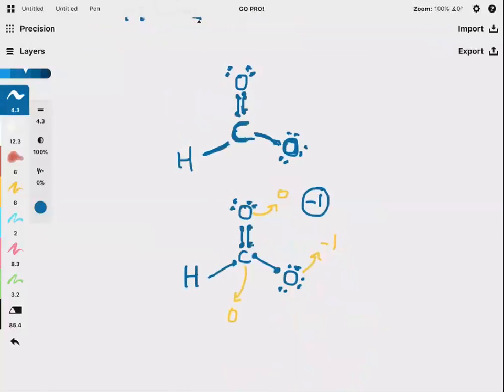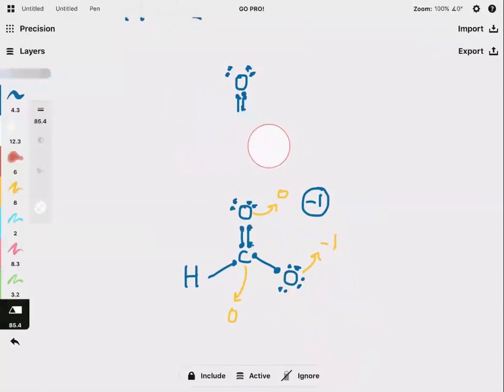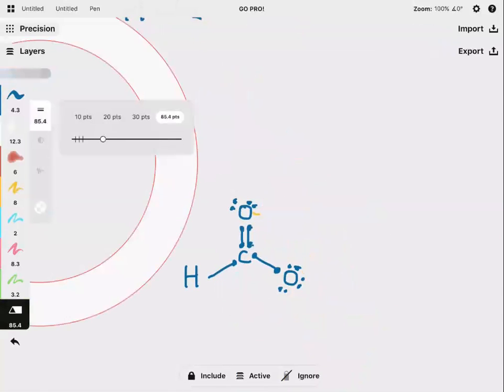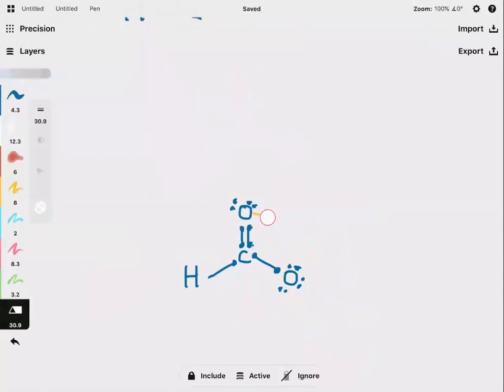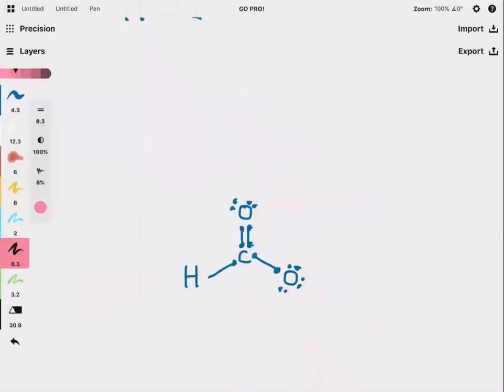And now what if the exam or quiz you're taking says draw resonance structures, if any? Well, we just push stuff around. We push the electrons around from where they are to where they are not. So how do you want to do this? Well, that oxygen already has a negative charge on it.